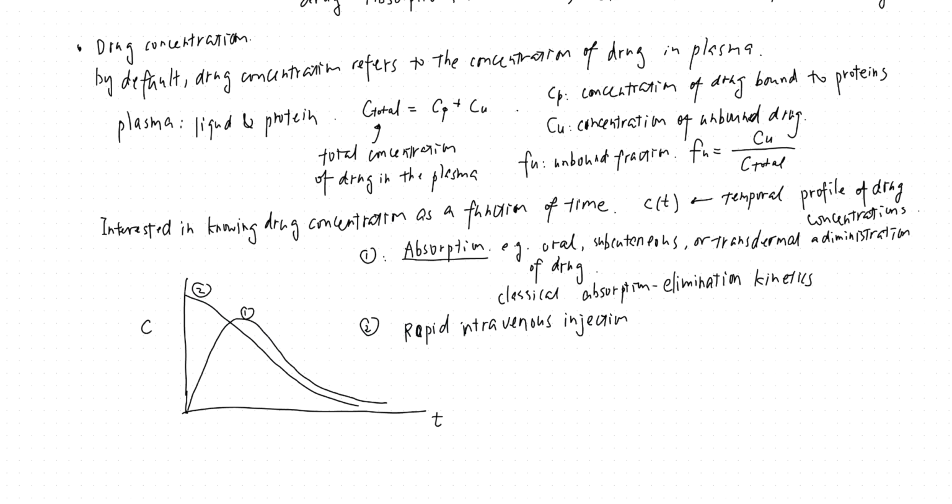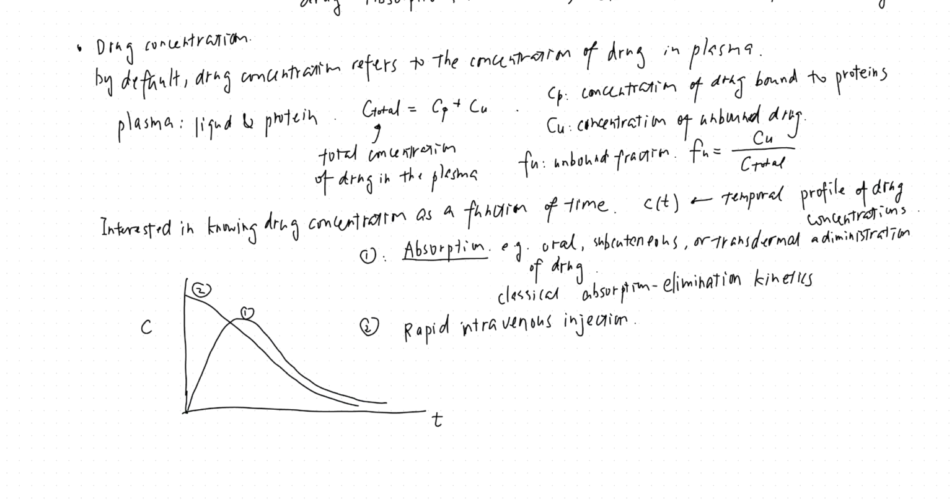Because it's an intravenous injection, it immediately spikes in plasma concentration. Then as it gets metabolized or eliminated by the renal system, it starts to decay. So this is what happens if a patient gets a rapid injection in the vein.